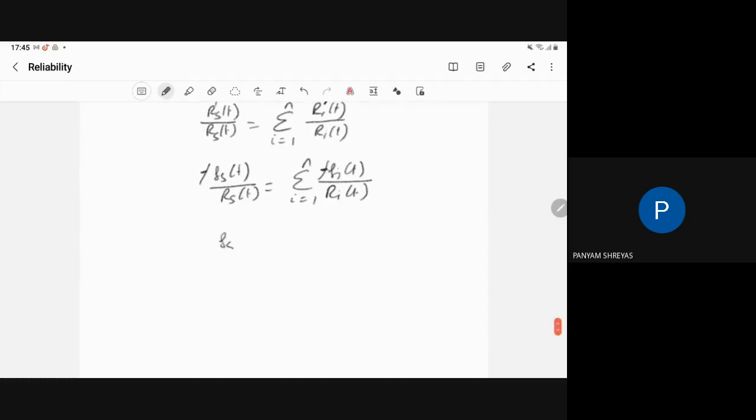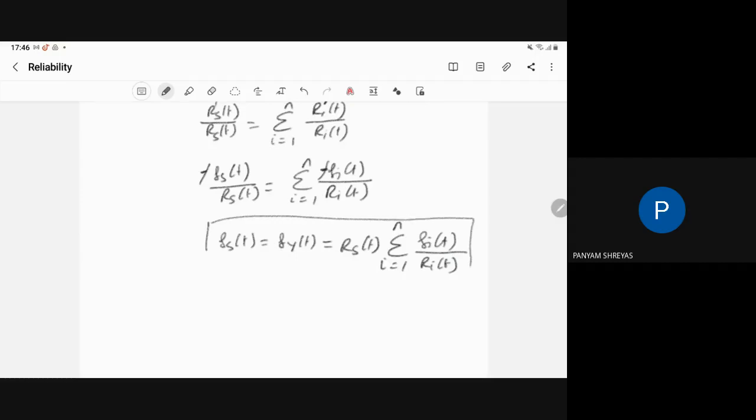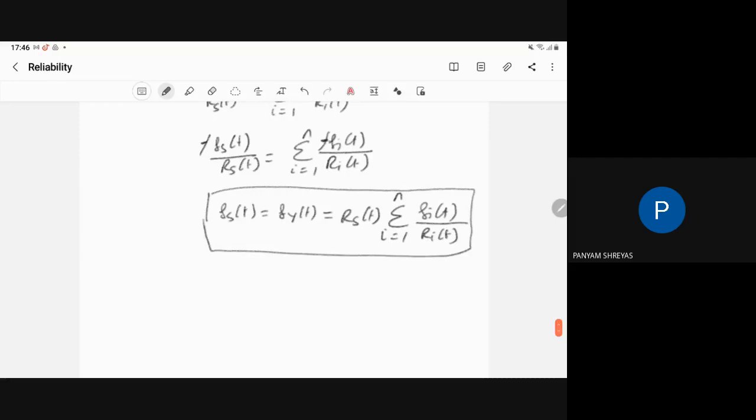So fs(t) means PDF of the system, or you can say fY(t) is what? Rs(t) into summation i equal to 1 to n fi(t) upon Ri(t), meaning you are writing the PDF of the system in terms of the PDF of the component. So that is the PDF of the system.